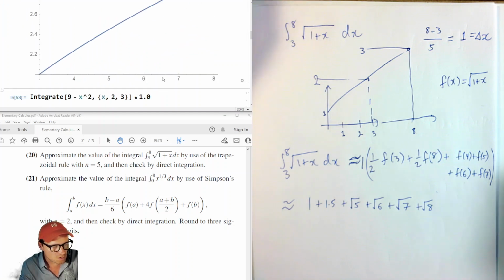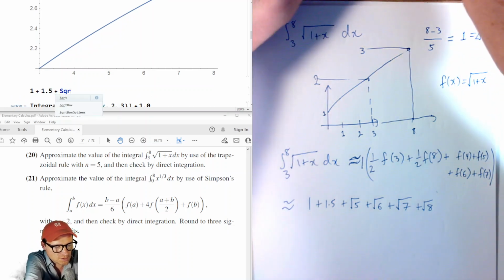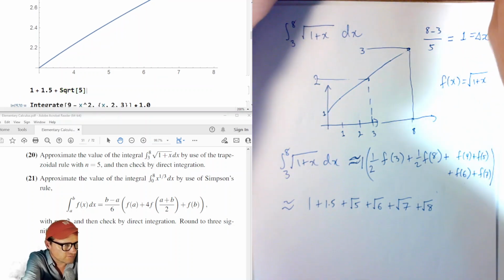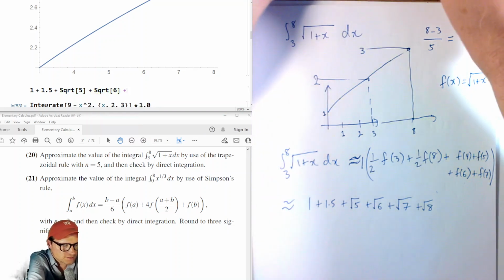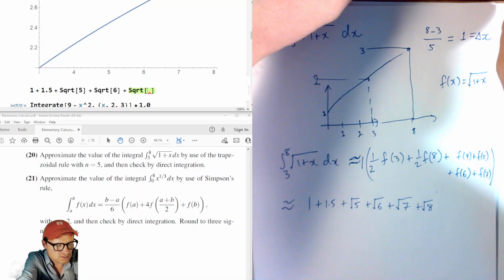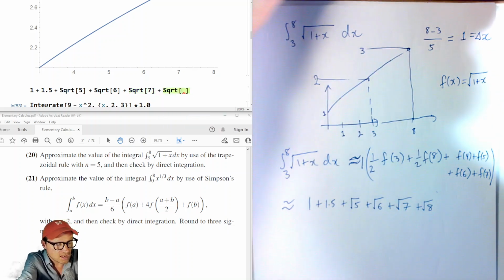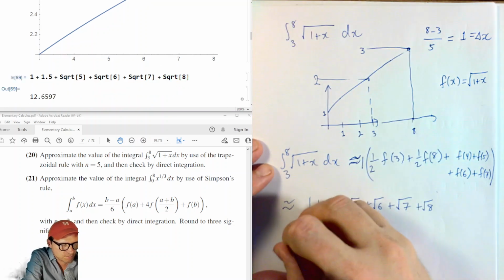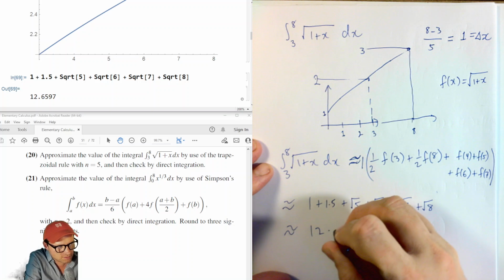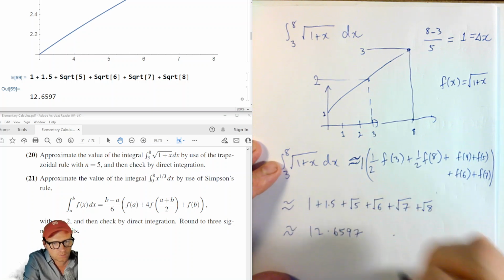So we want then 1 plus 1.5 plus the square root of 5 plus the square root of 6 plus the square root of 7 plus the square root of 8. And so we get approximately 12.6597 or so.